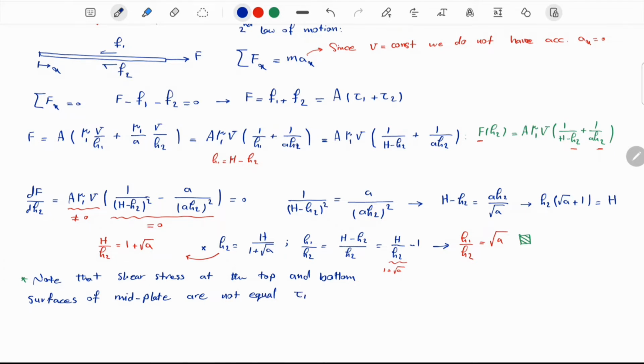Tau 1 is not equal to tau 2, and velocities at the top and bottom plate are equal to 0. No slip condition, as we investigated in the previous session.